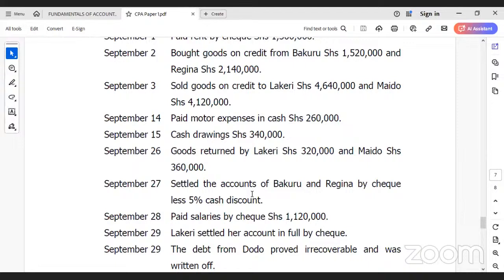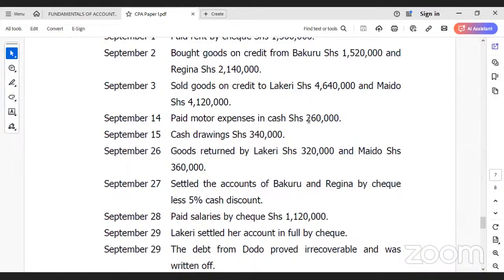On second, bought goods on credit from Bakuru at 1,520,000, and from Regina at 2,140,000.